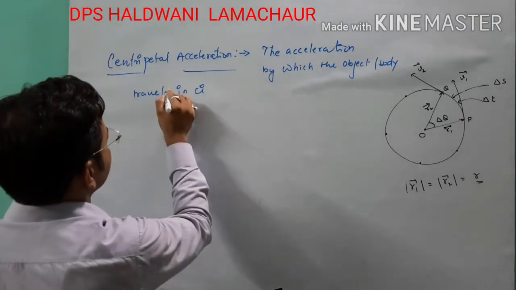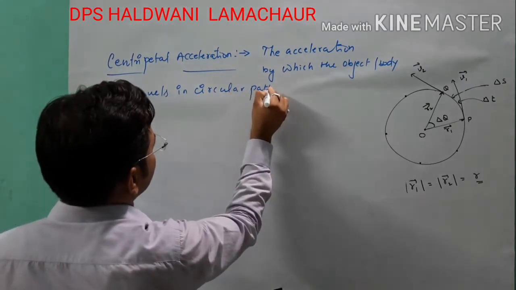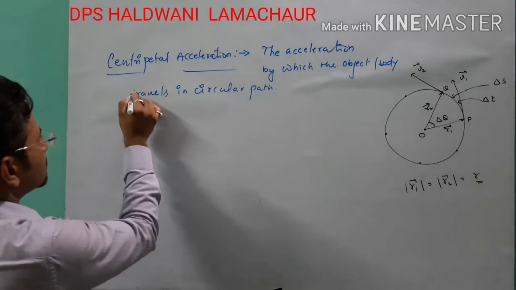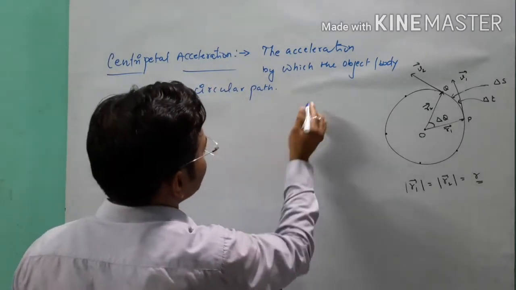Body travels in circular path. Point clear? So this type of acceleration is called centripetal acceleration.